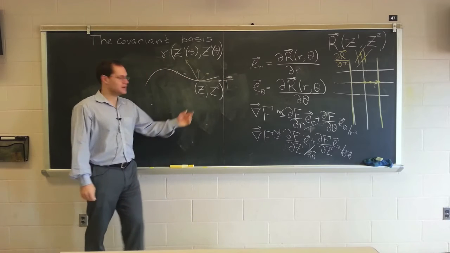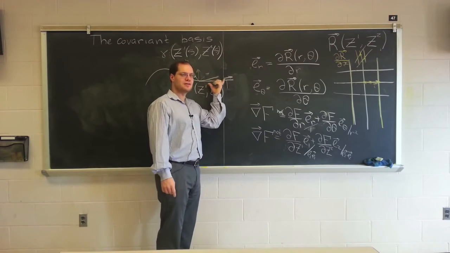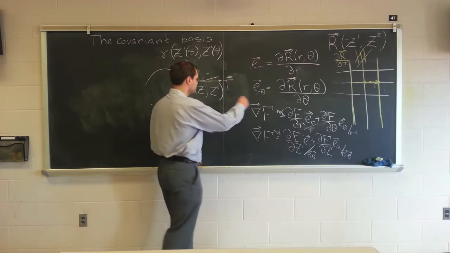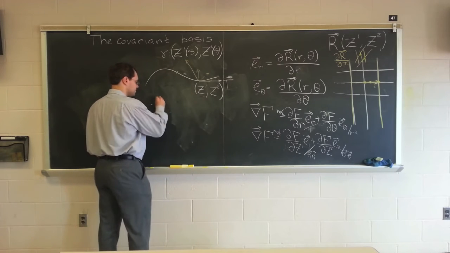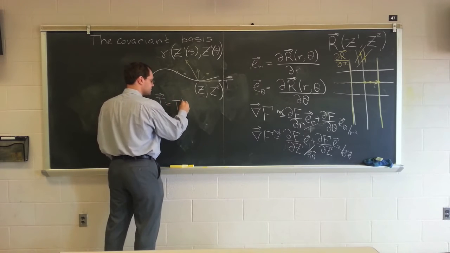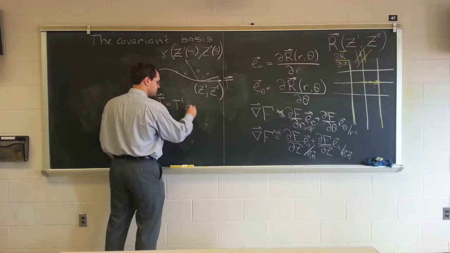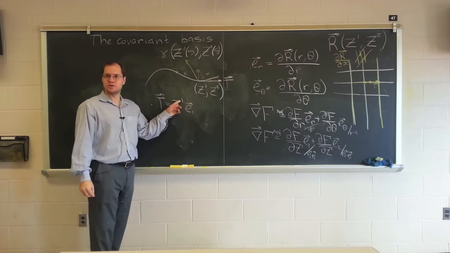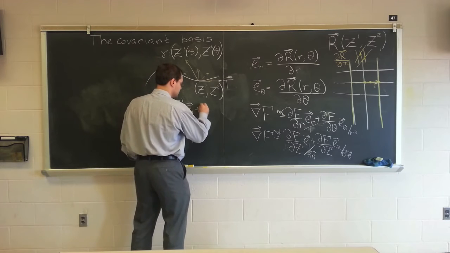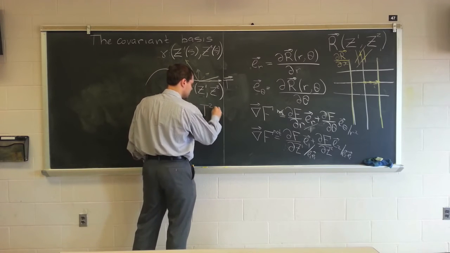And yet we have our unit tangent, a perfectly defined vector, and we're playing the same game. We have a geometric concept, and we want to find an algebraic expression for it. In other words, we want to write T as T1 e1, get used to components getting an upper index, just get used to it, plus T2 e2.